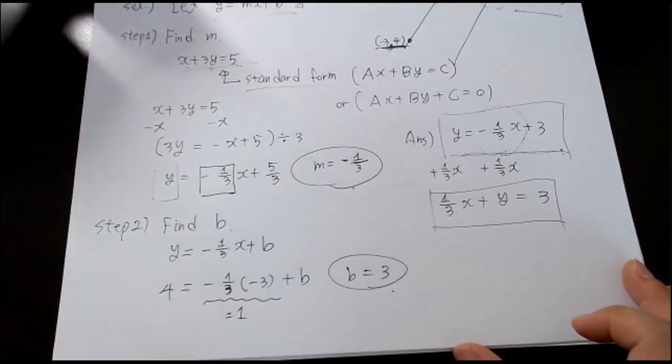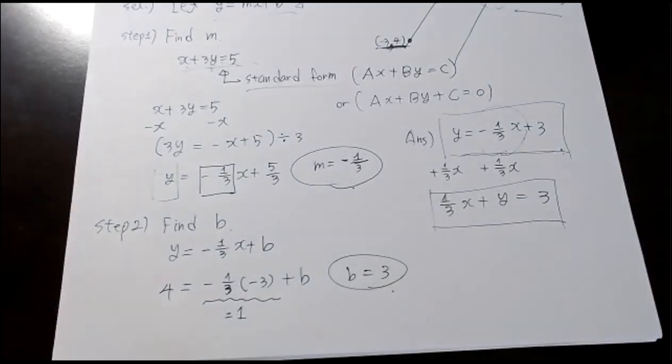When you look at example 6 in the textbook, I think page 122, section 1.4, you may get that kind of question: find the equation of the line and write your answer in standard form using only integers. What does that mean?